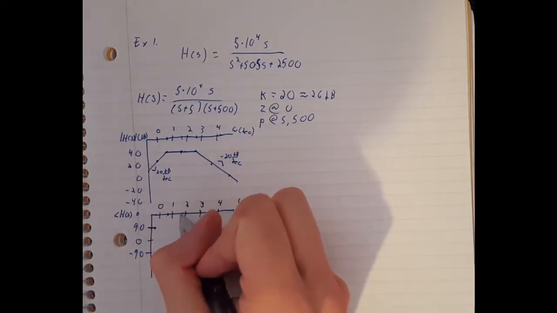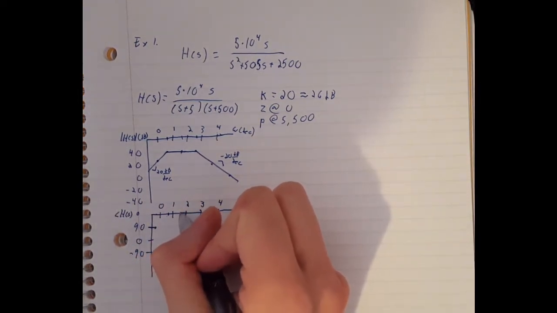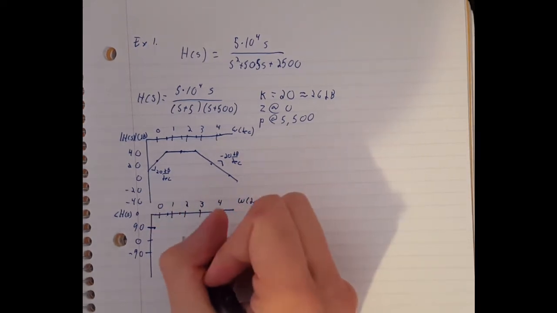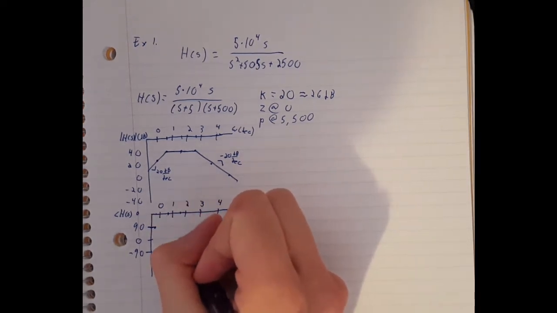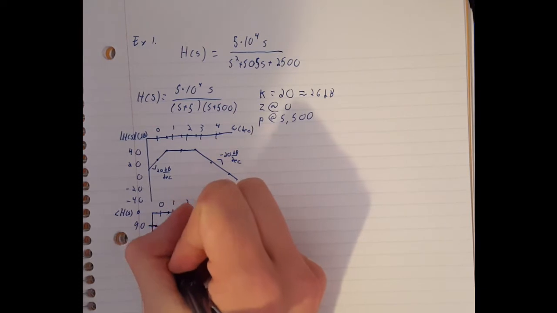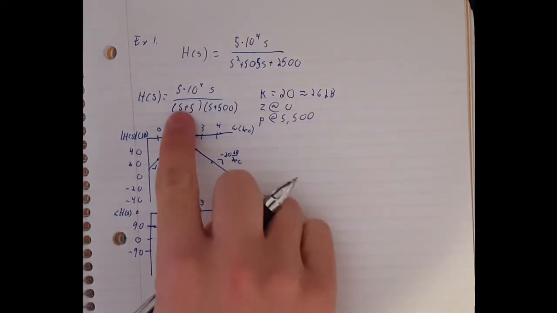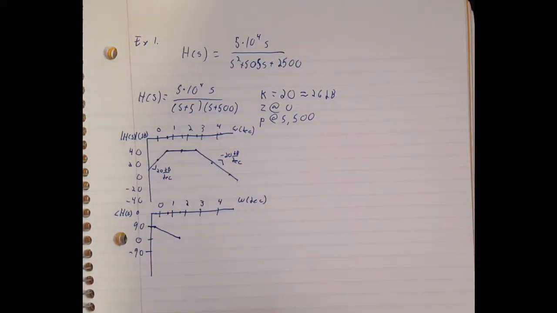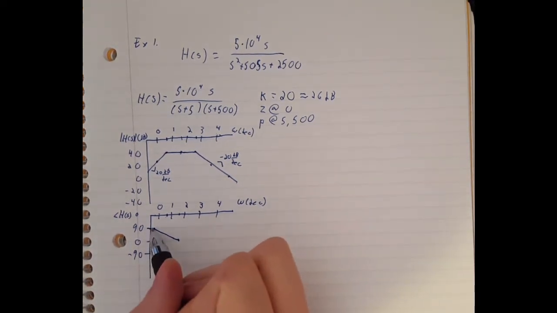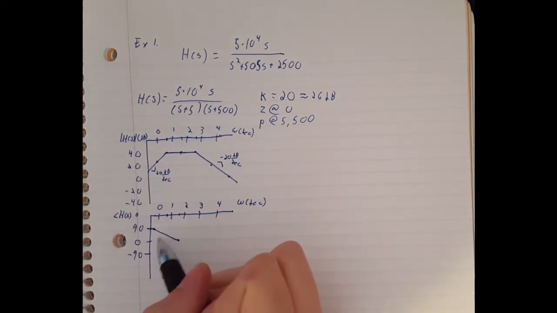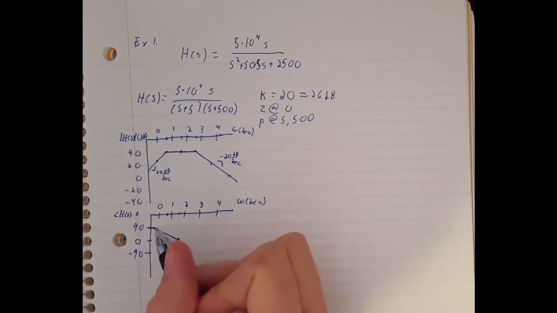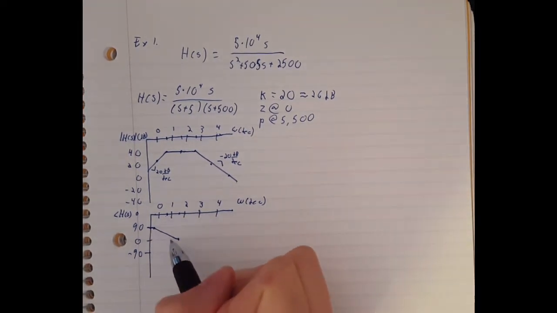And then we're going to go to 1 decade to the right of 5, which is about right here. And a pole contributes negative 90 degrees of phase. So you see, we go from 90 to 0 because the pole gives us negative 90 degrees of phase.